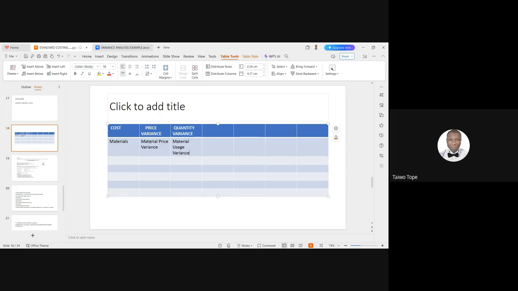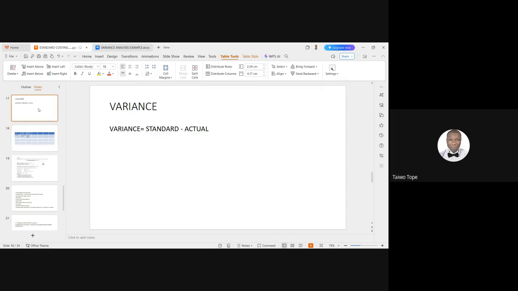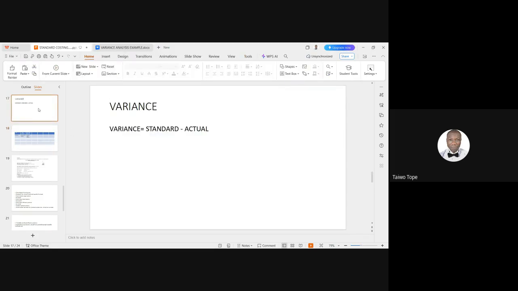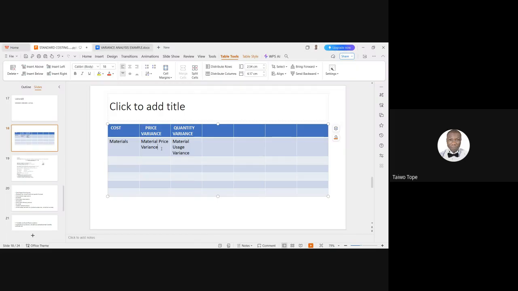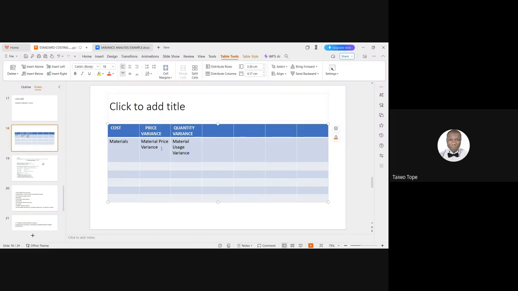Now, talking about material price variance, in this slide, we said variance is what? Standard less actual. If you are looking at material price variance, what would be the components of this variance in terms of price?